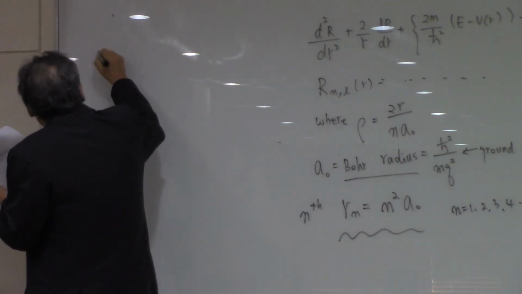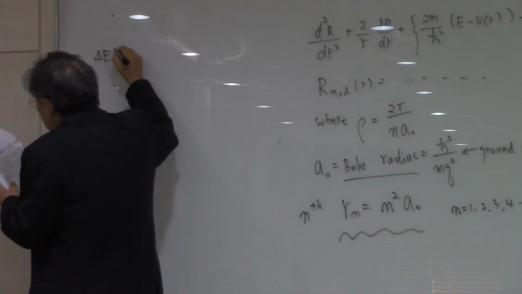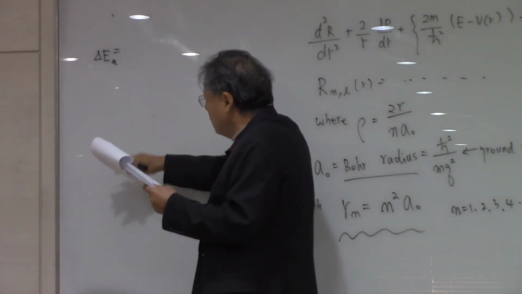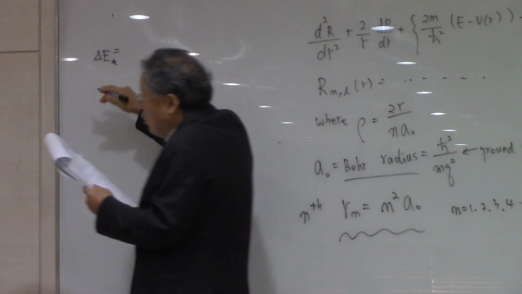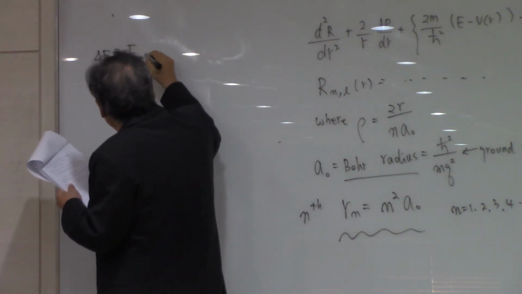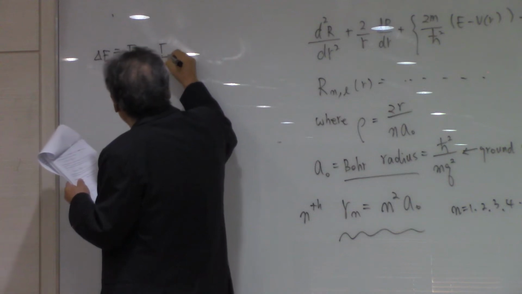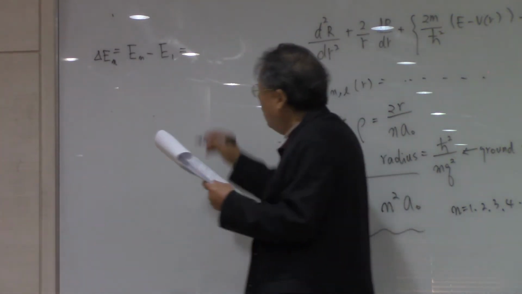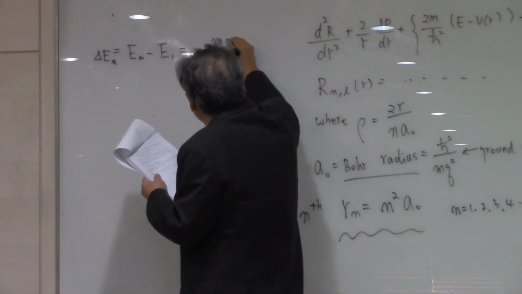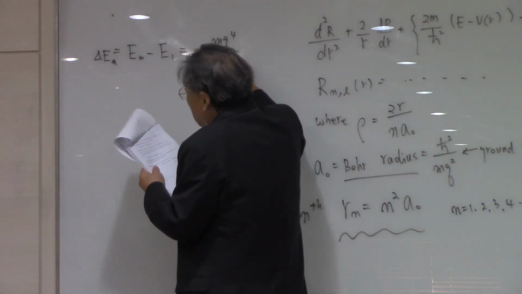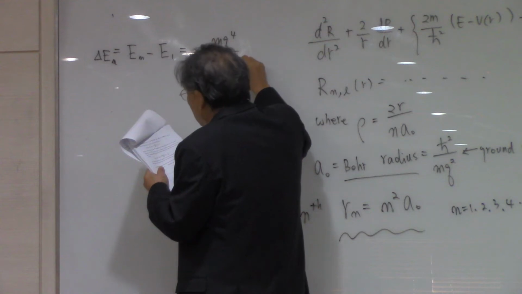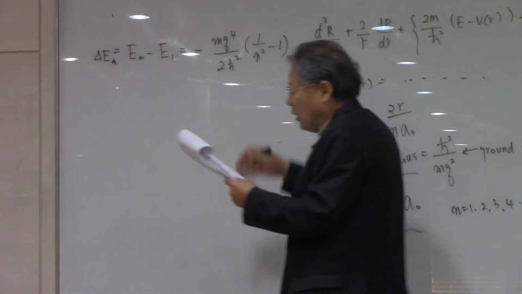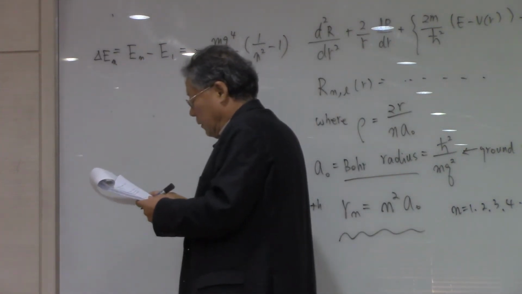So the main focus that we are going to discuss is delta En, the energy eigenvalue difference, that is En minus E1, and that is calculated to be 2 h bar squared times 1 over n squared minus 1, something like this. Okay?